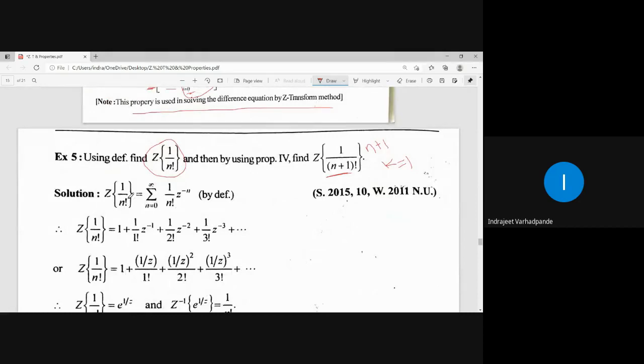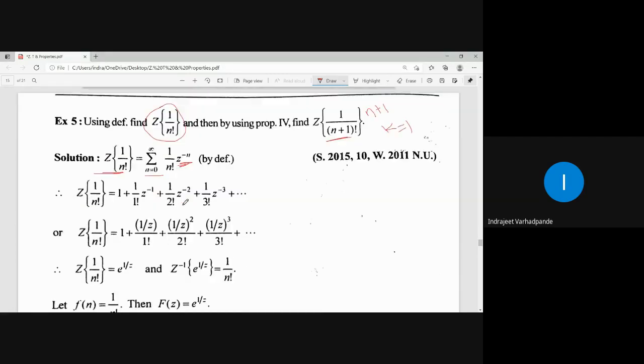So by definition, first I will find the value of z transform of 1 upon n factorial. As per the definition, summation n equal to 0 to infinity 1 upon n factorial z to the power minus n, right? Then expand it by putting the value of 0. 0 factorial is 1.